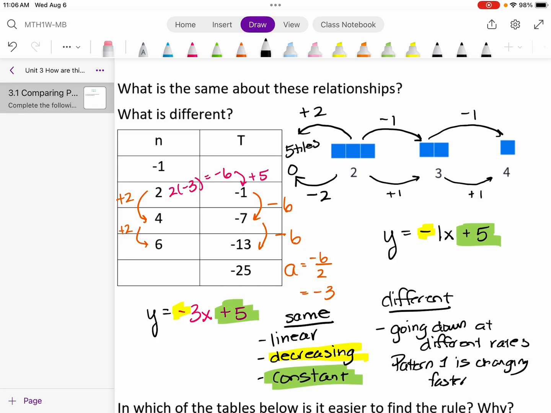And I know that because it has a larger rate of change. So when I'm talking about which rate of change is larger, 3 is bigger than 1. So my pattern 1 is changing by 3.